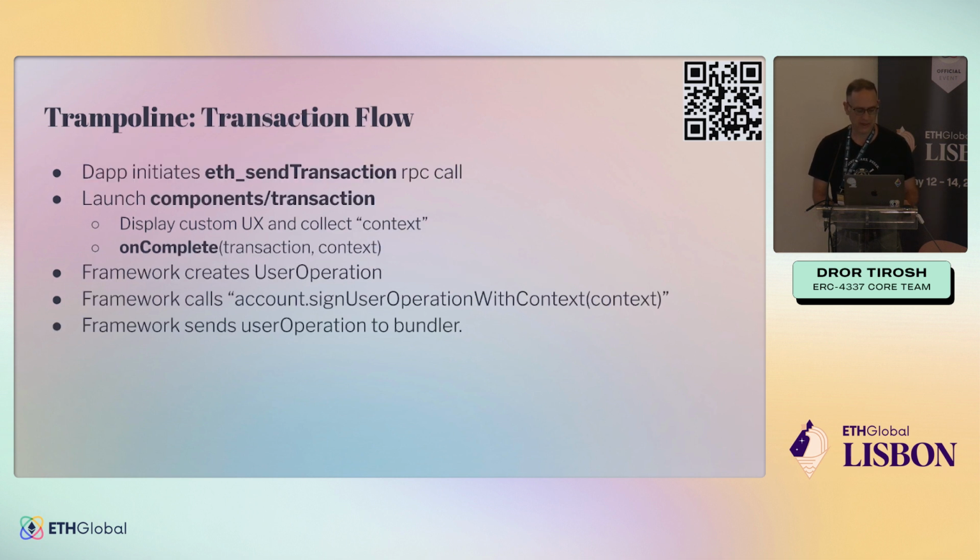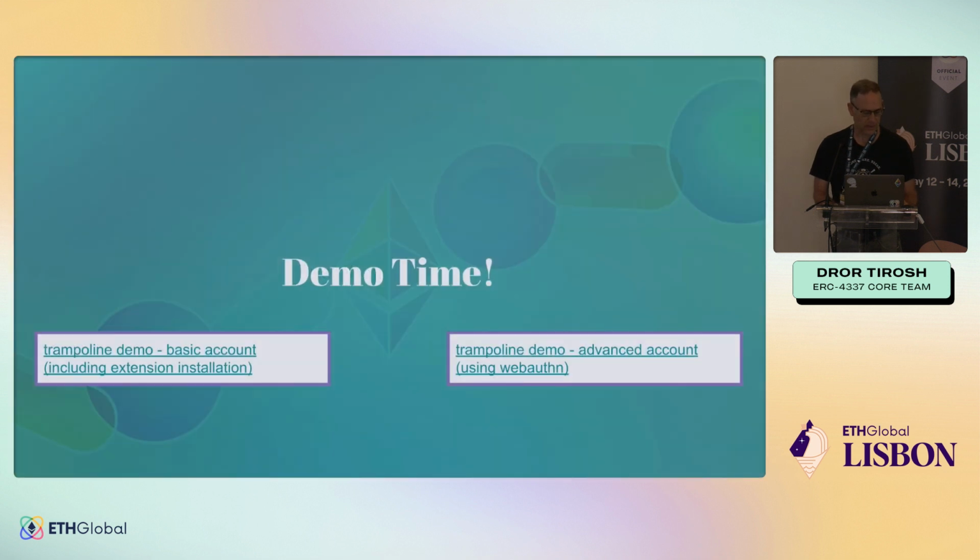When the user calls send transaction, then we call the transaction component. It displays the transaction, and then it should call the onComplete transaction, which in turn calls the simple account API to use that information to create the user operation out of it. Now, I want to show how it looks.